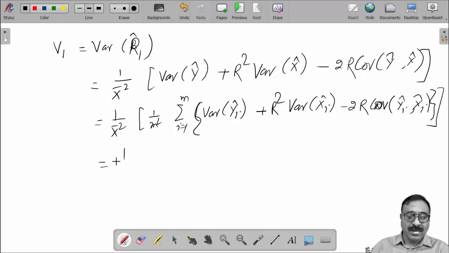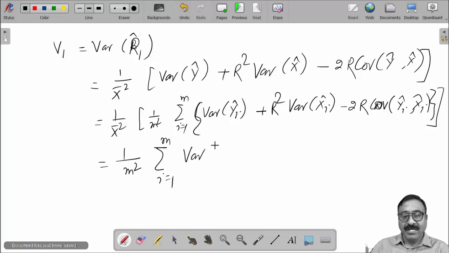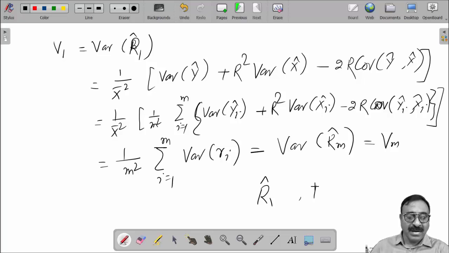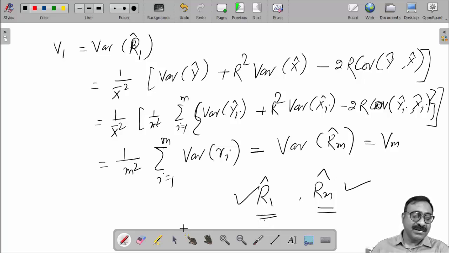Now this is equal to 1 by m square summation i equal to 1 to m variance of Ri, that is equal to variance of Rm bar, that is equal to Vm. Now we have seen that the two estimators R1 cap and Rm bar are such that their variances are equal, but the bias of Rm bar is m times the bias of R1 cap. Therefore this R1 cap is preferred to Rm bar.